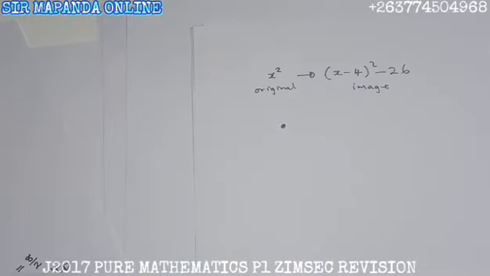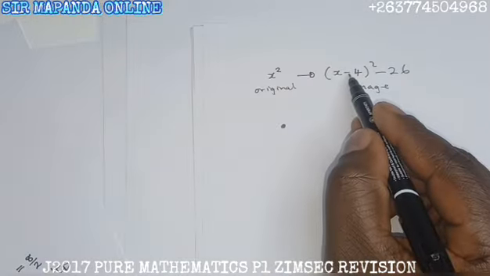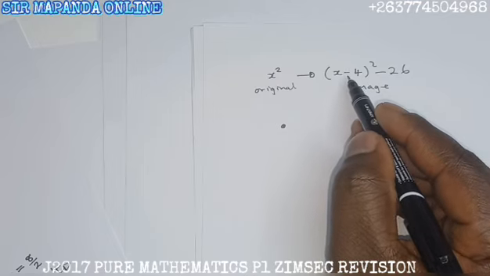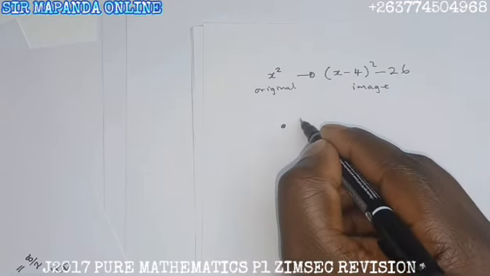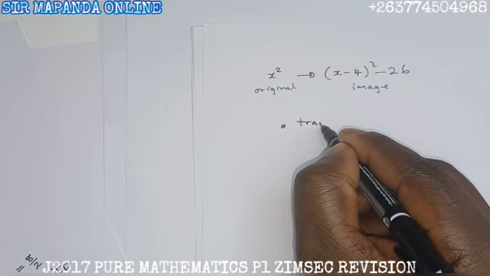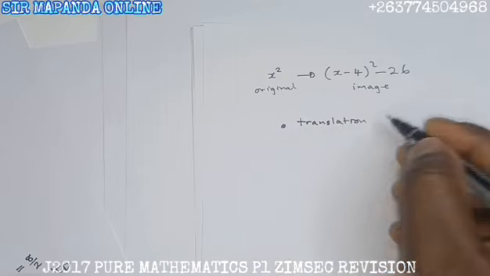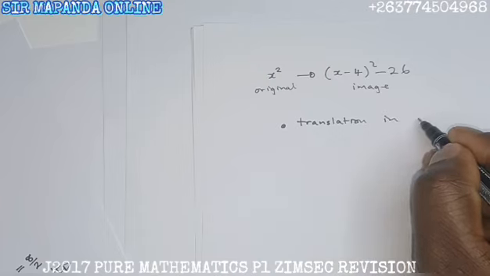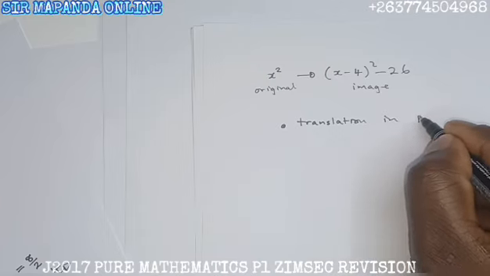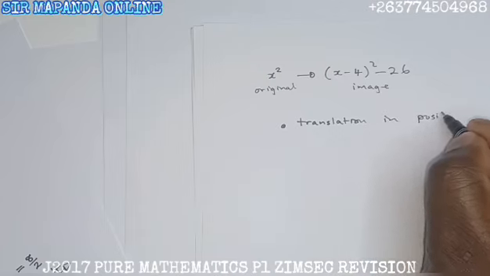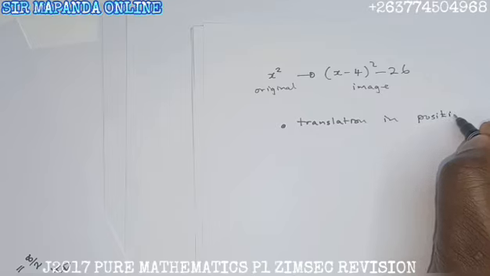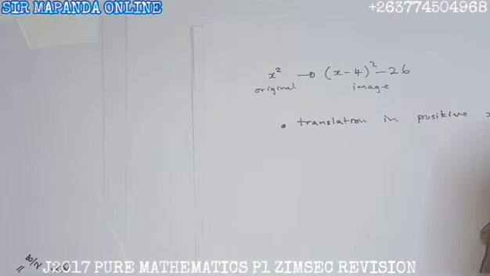So the first transformation here, since we have negative 4 inside the bracket of x, this is a translation. We refer to this as translation in the positive x direction.